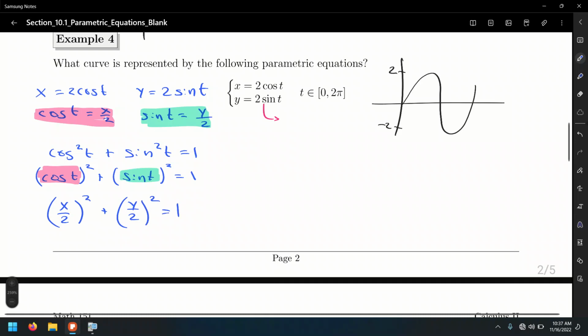Of course, we have to do a little bit more work in here. So that is x squared over 4 plus y squared over 4 equals 1. And we're almost there to get the actual equation that is represented in the world of Cartesian. That is, multiply both sides by 4: x squared plus y squared equals 4.